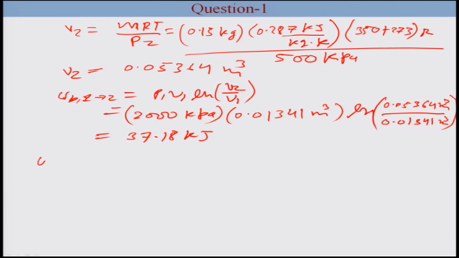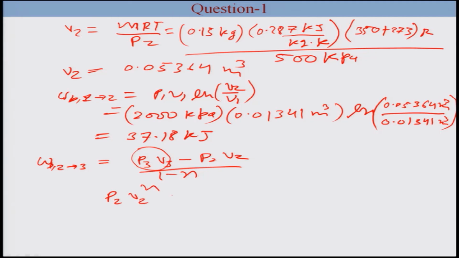Now we have to calculate work in polytropic compression. In this polytropic compression, the work from state 2 to state 3 equals P3 V3 minus P2 V2, divided by 1 minus n. Since we don't have information about state 3, we need to find P3 and V3. This can be obtained from the equation of state for a polytropic process: P2 V2 to the power n equals P3 V3 to the power n.